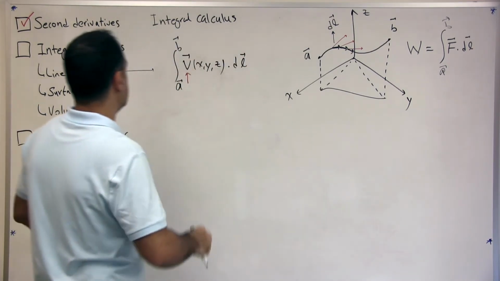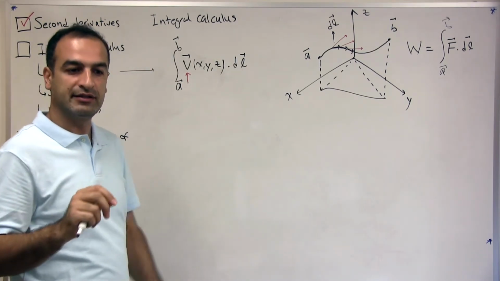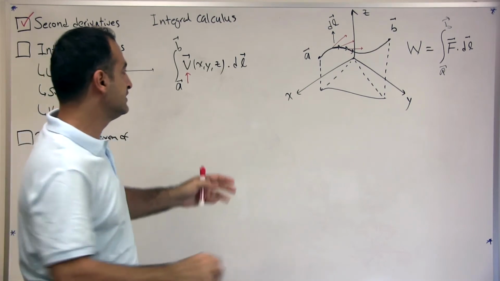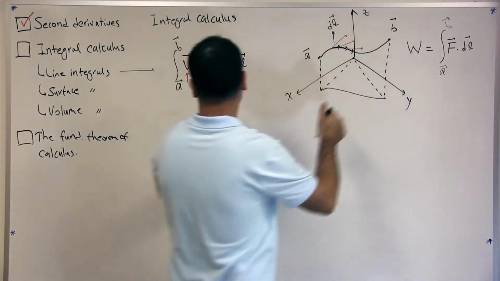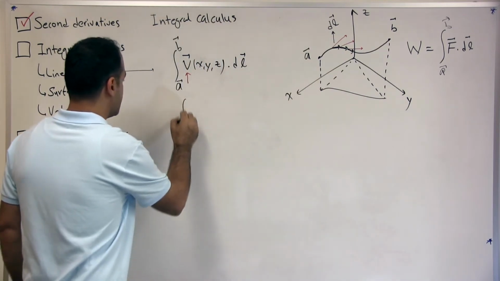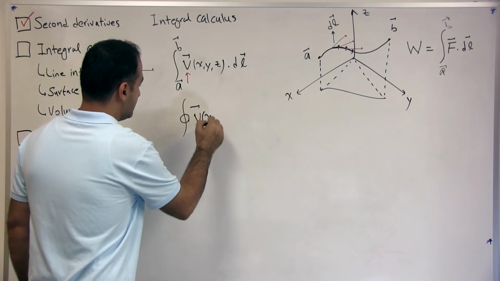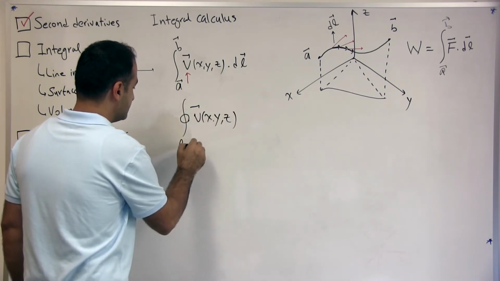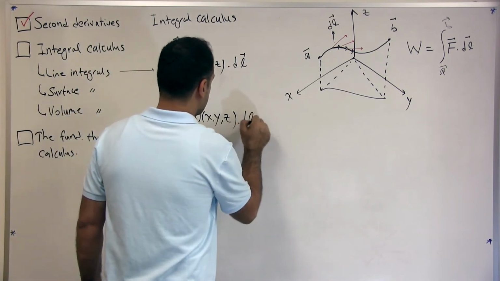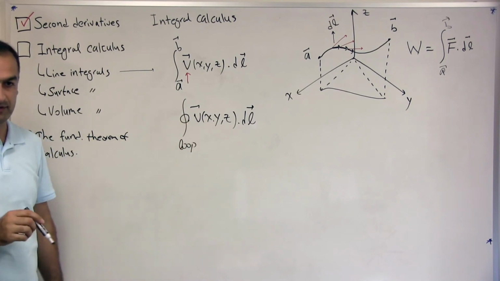So this is the line integral, and a lot of times we do the line integral on a closed path. So this is a demonstration of one point to an end point, start and end. But we also have cases where we do the integral on a closed path. And whenever we are on a closed path, technically a loop, the notation is that we put a circle on this integral.